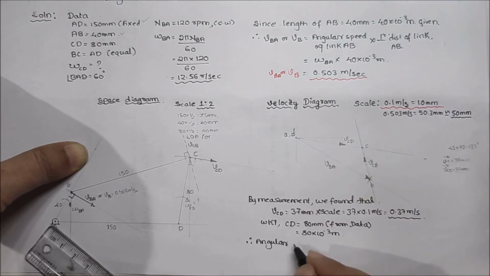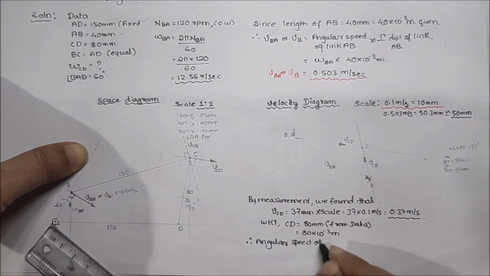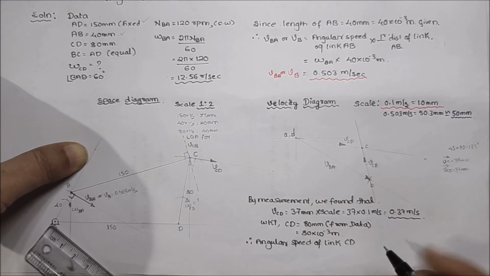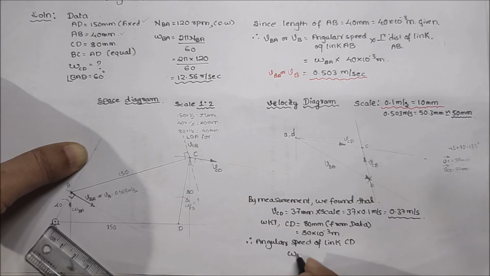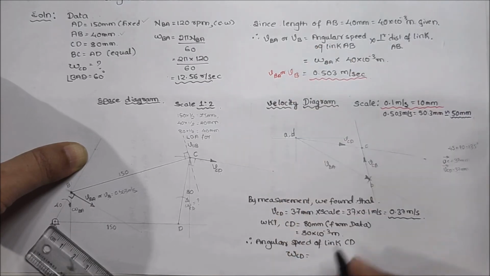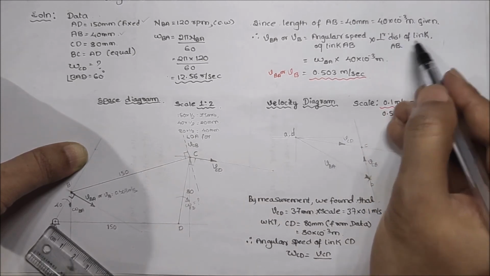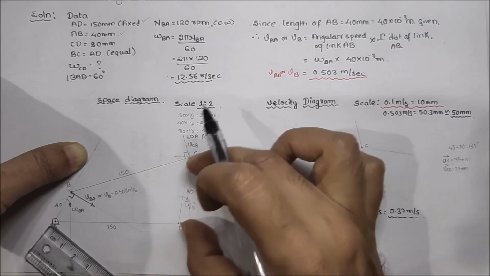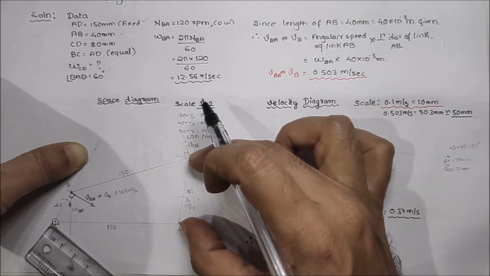Therefore, similarly, angular speed of link CD, that is omega CD, equal to velocity of CD divided by perpendicular distance of link CD. So perpendicular distance of this one is 80 mm.